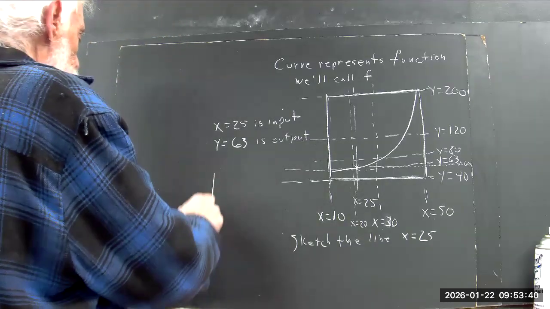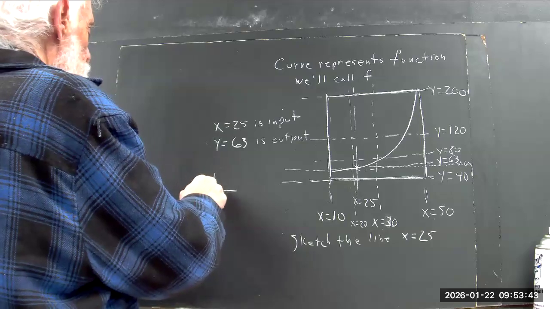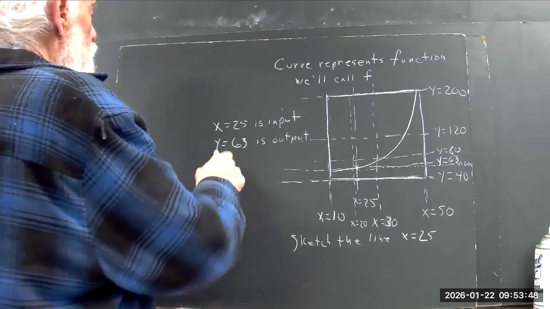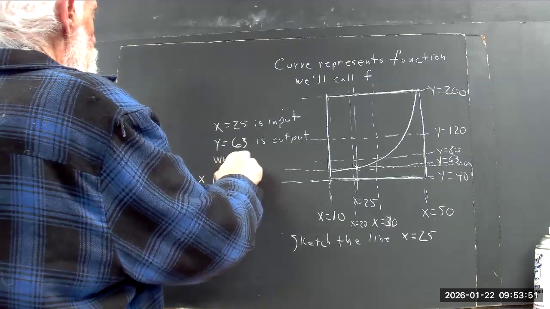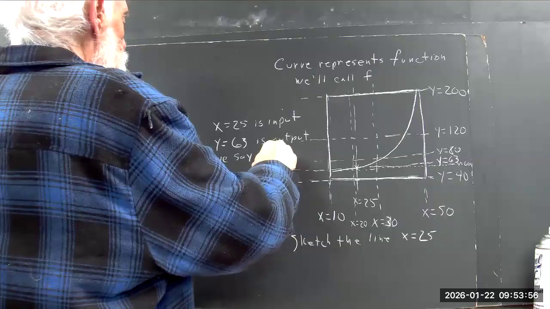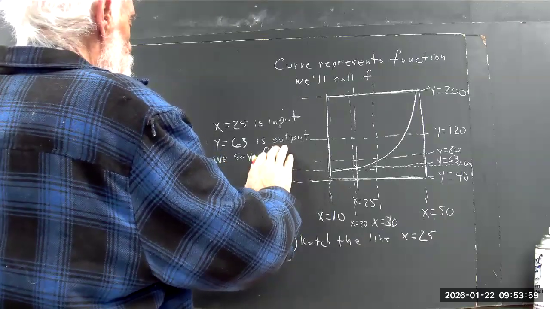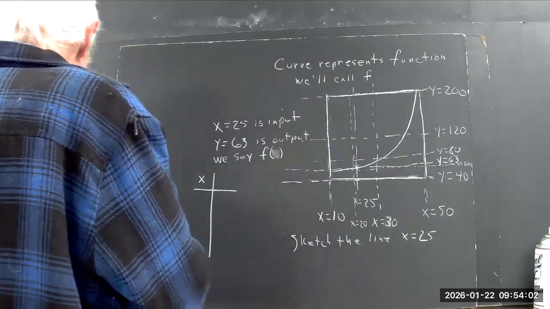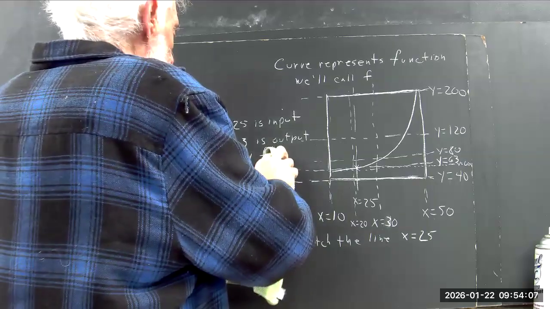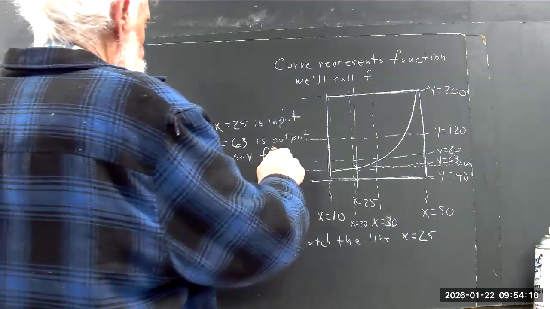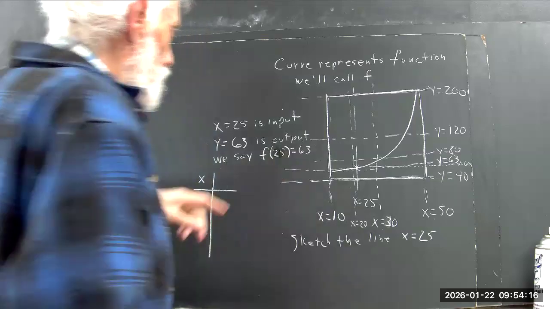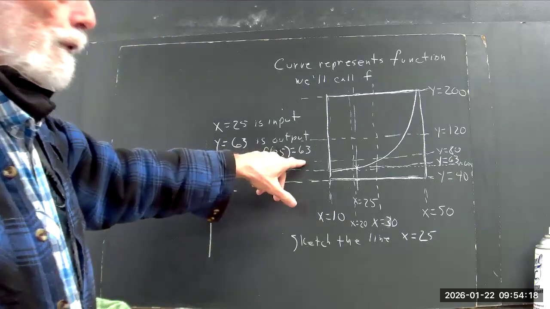Well, let's try to make a table here. We say f of 25 equals 63.